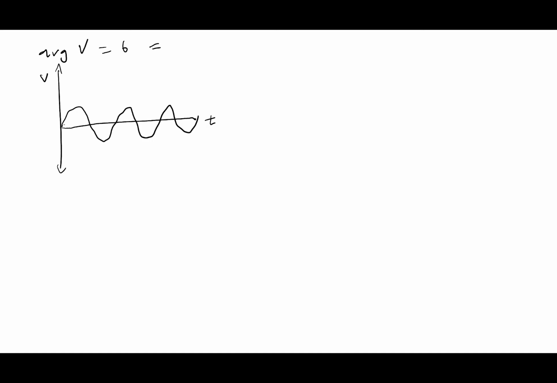So to find the average voltage, we'll take the interval from 0 to pi. We can do that because it's periodic sine. So what we do for one part applies to the whole function.